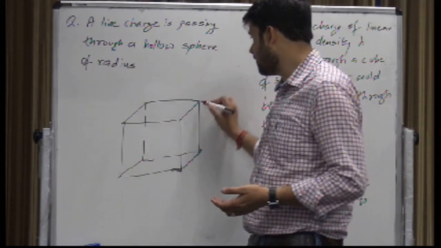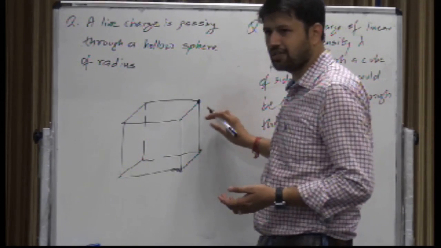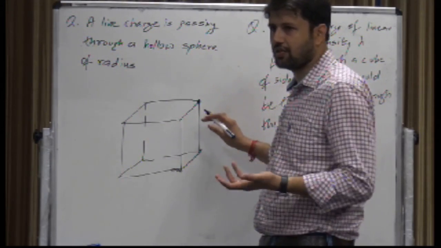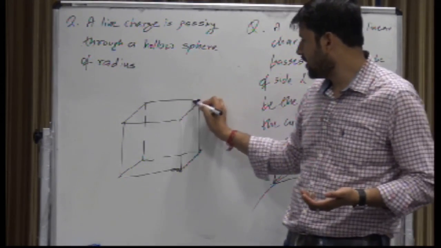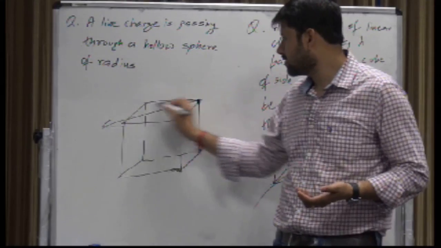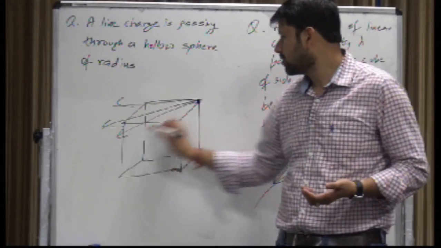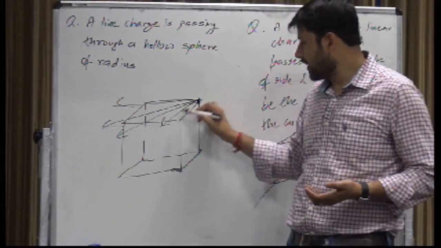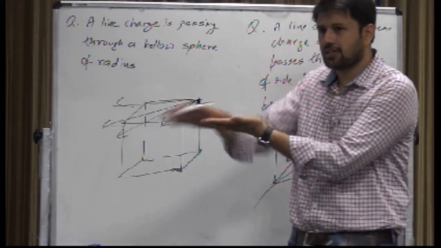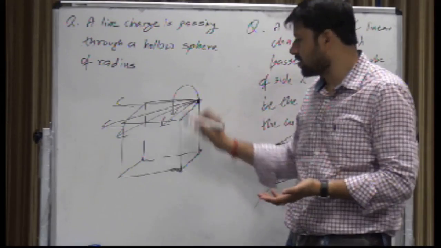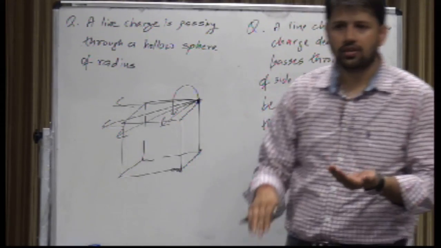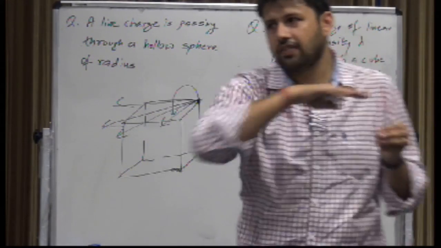You need a Rubik's cube kind of thing. For the upper surface, field lines would graze like this and keep on going like this. They are not entering, they are actually grazing the surface.